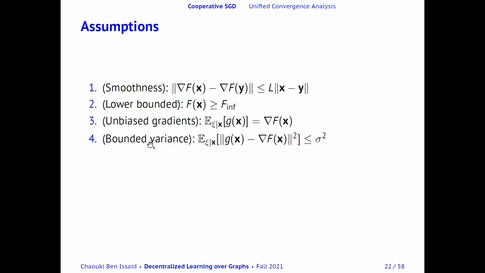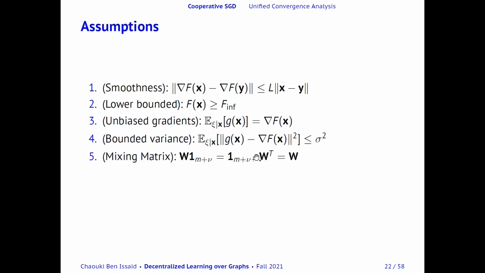Also, we have the assumption of bounded variance, which is that the expected value of the squared norm of the difference between g of x and the gradient of F of x is less than a positive constant sigma squared. These are common assumptions that we already talked about.